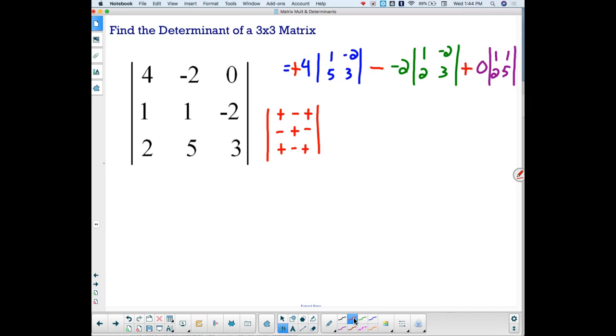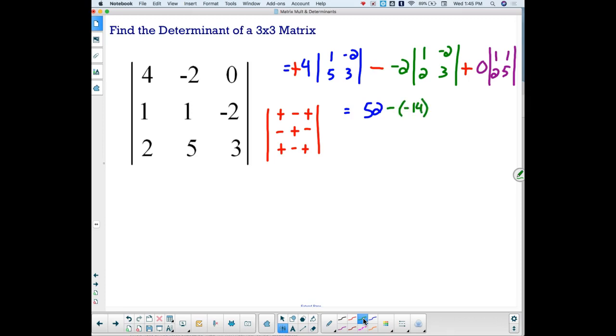Okay? 3 minus negative 10 is 13, times 4 is 52. 3 minus 4, or minus negative 4 is 7, times negative 2 is negative 14, so it's minus negative 14.